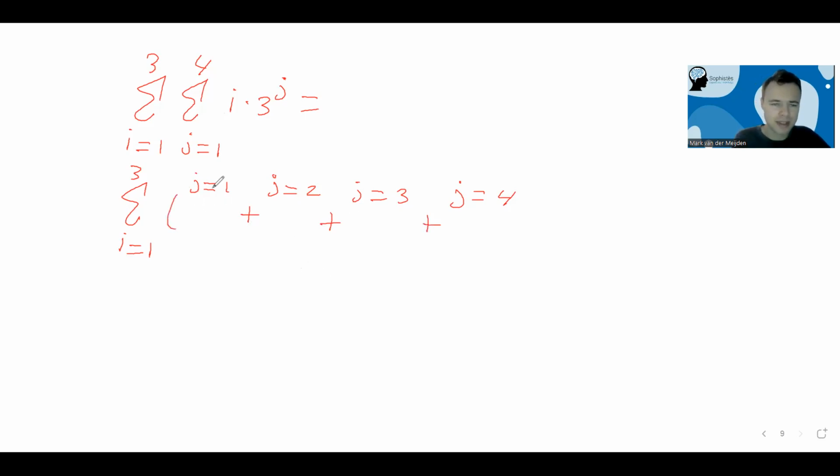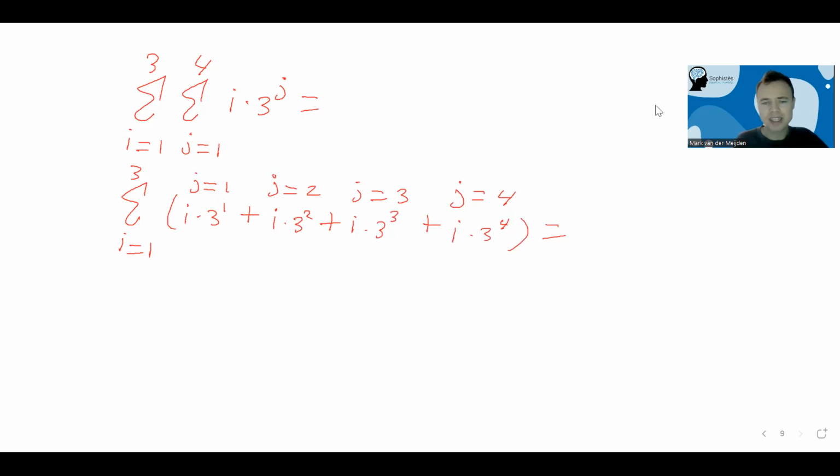Here I get i times 3 to the power of 1, i times 3 to the power of 2, i times 3 to the power of 3, and then here i times 3 to the power of 4. Now we want to simplify this a bit further.